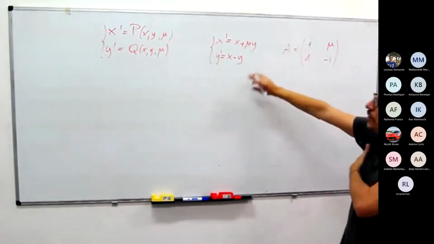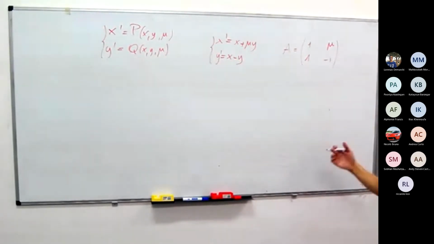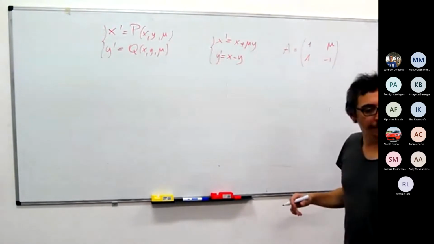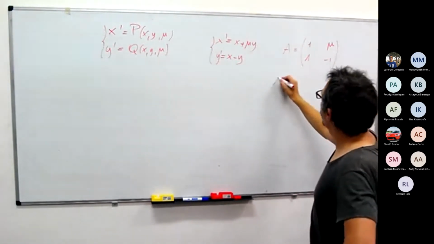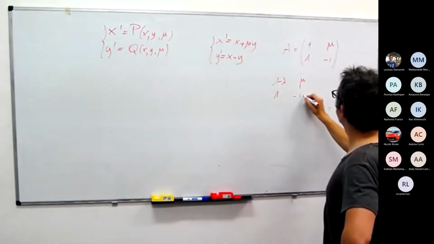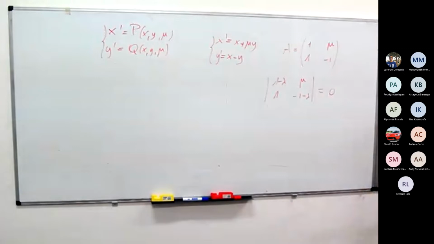So I want to understand what kind of critical point (0, 0) is for this system. Let's study, as we have done for the past two hours and a half, the eigenvalue problem for this matrix. So I have 1 minus lambda, mu, 1, and minus 1 minus lambda, and I calculate the determinant of this, and set the determinant equal to 0.